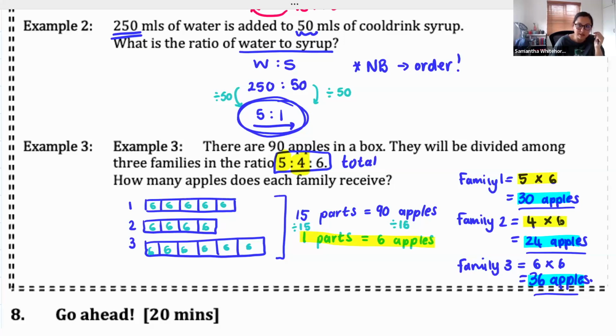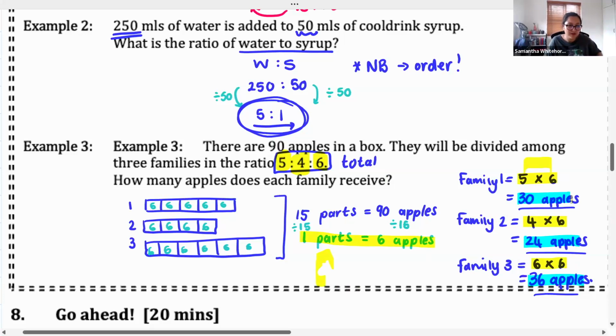So 4 times 6. And then the same thing for the last family. They had 6 parts. Every one of those 6 parts is 6 apples. So we can say 6 times 6. So once you know what one part is equal to, you will multiply that part or the parts of your ratio by that value you've gotten. Does that make a bit more sense? Yes, it does. Thank you. Okay, awesome.